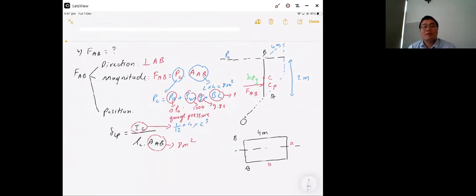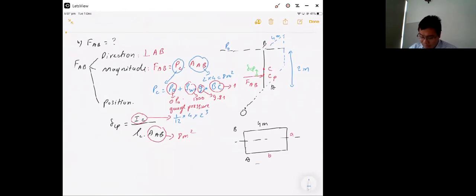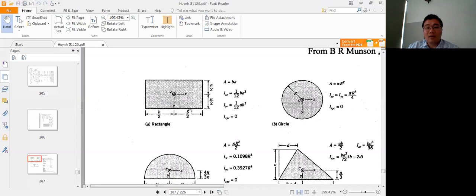So you have IC. The equation for this one is IC equals 1/12 B A to the power 3, the second moment of area. The equation is on here.